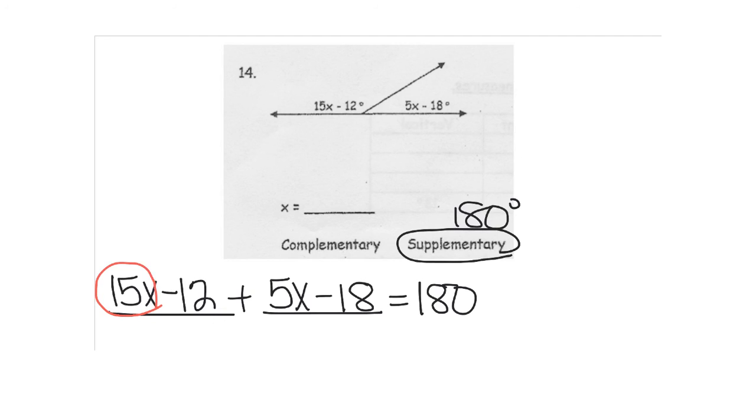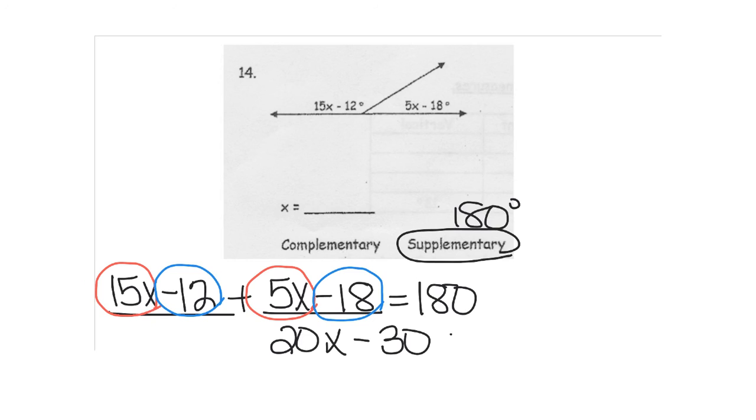My like terms are 15x and 5x and negative 12 and negative 18. 15x and 5x gives me 20x. Negative 12 and negative 18 will give me negative 30. And this still is equal to 180.